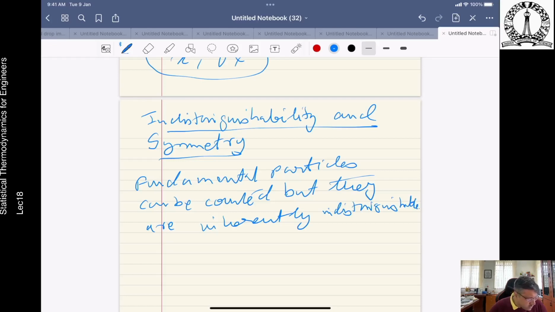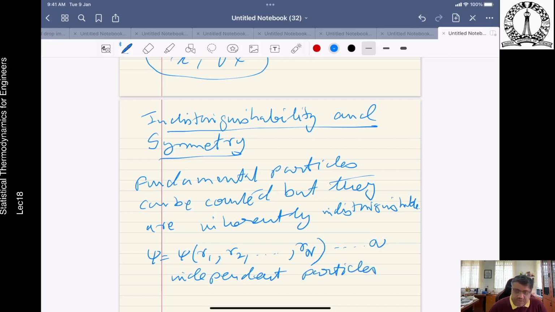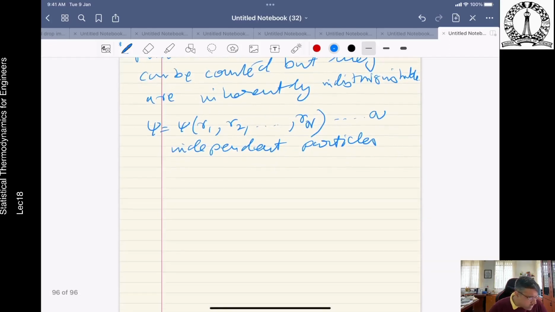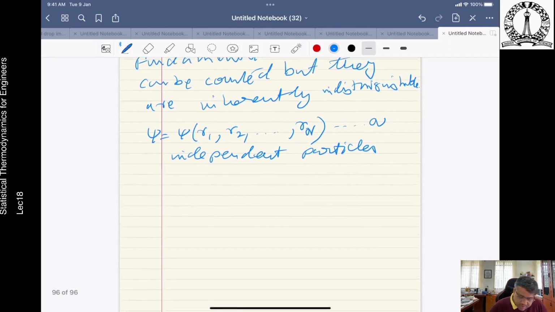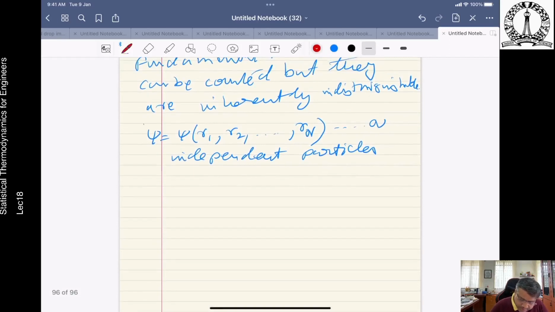So for example, psi equal to psi of R1 up to Rn, which are independent particles.